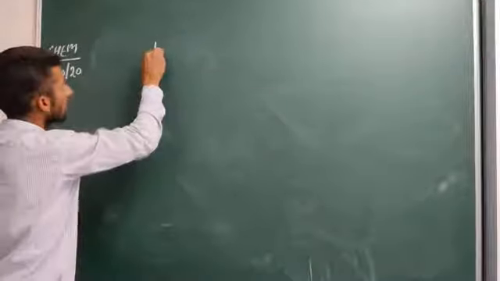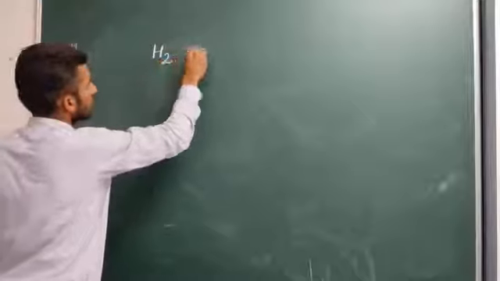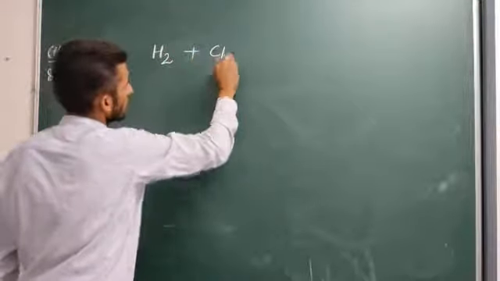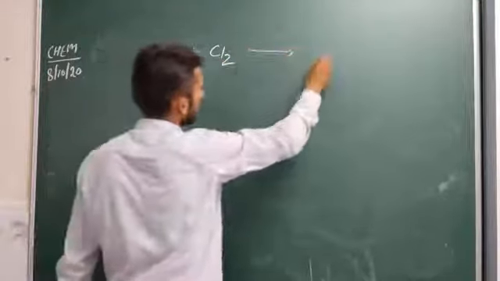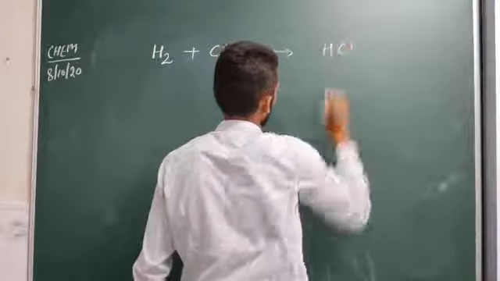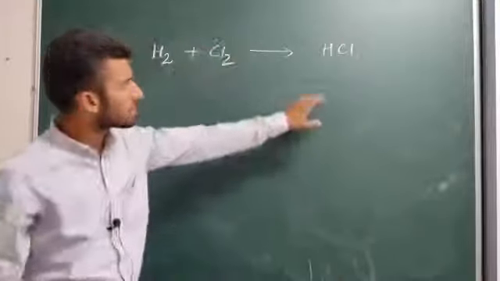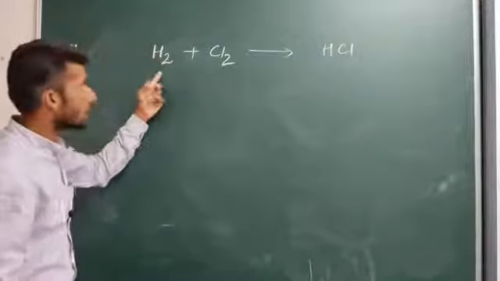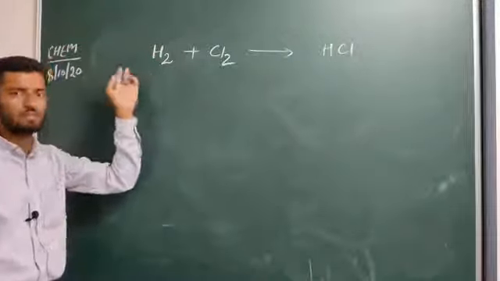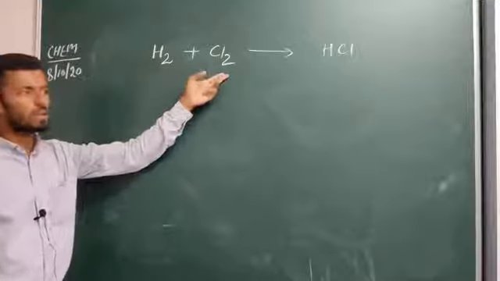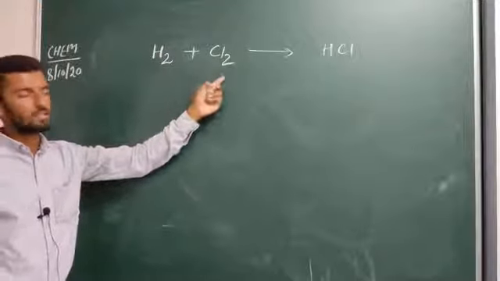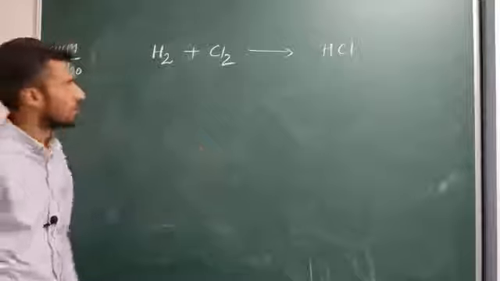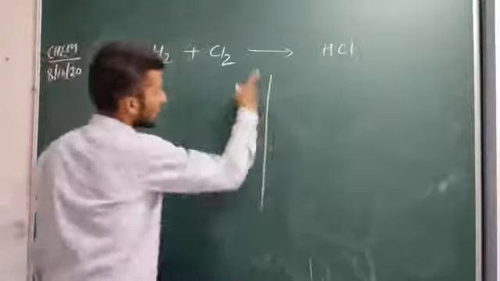So another example, like hydrogen, when it combines with chlorine, there is formation of hydrogen chloride gas, and hydrogen chloride gas has the formula HCl. The hydrogen molecule, which is a gas, has the formula H2, and the chlorine molecule, which is also a gas, has the formula Cl2. Now this is a general skeleton equation.